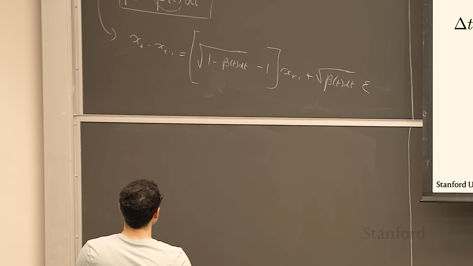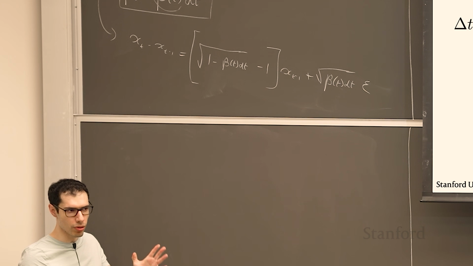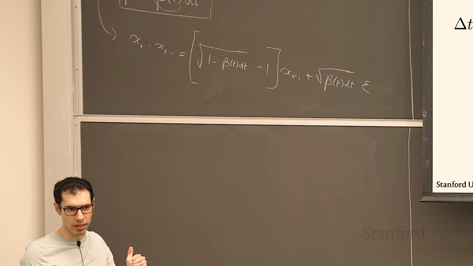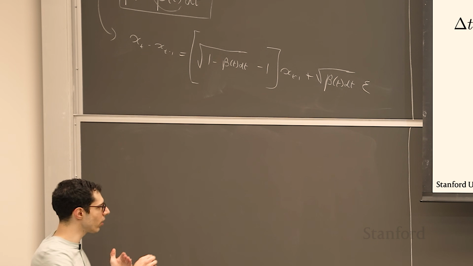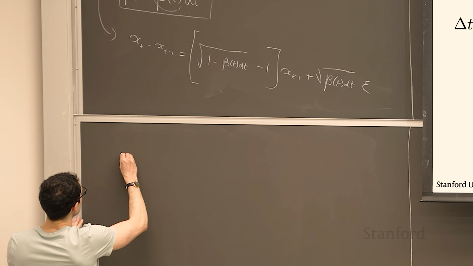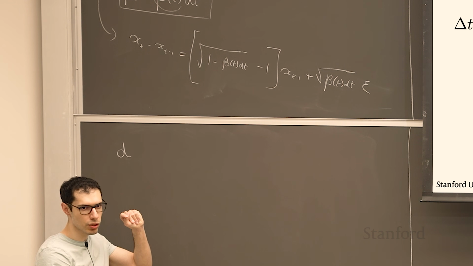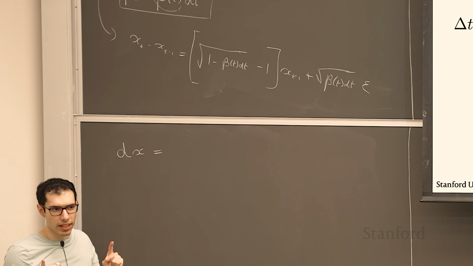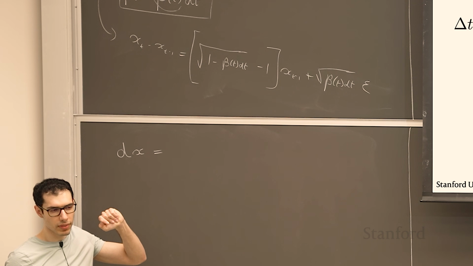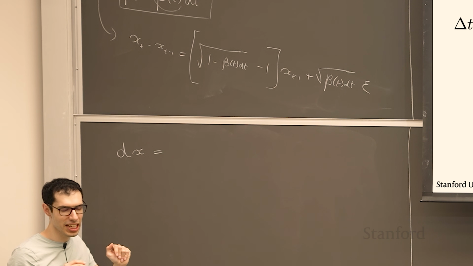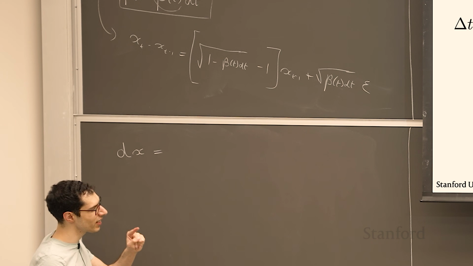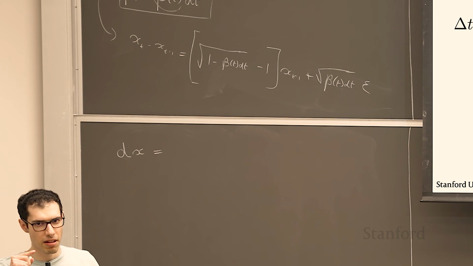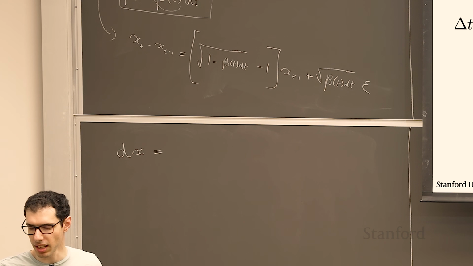So if we tend dt to 0, so if we consider a continuous evolution, xt minus xt minus 1 is also going to be a differential equation, a differential evolution. So here I'm going to rewrite xt minus xt minus 1 as just dx. So when dt tends to 0, you have Taylor expansion formulas that tell you that square root of 1 minus something that tends to 0 is equal to 1 minus half of that something.